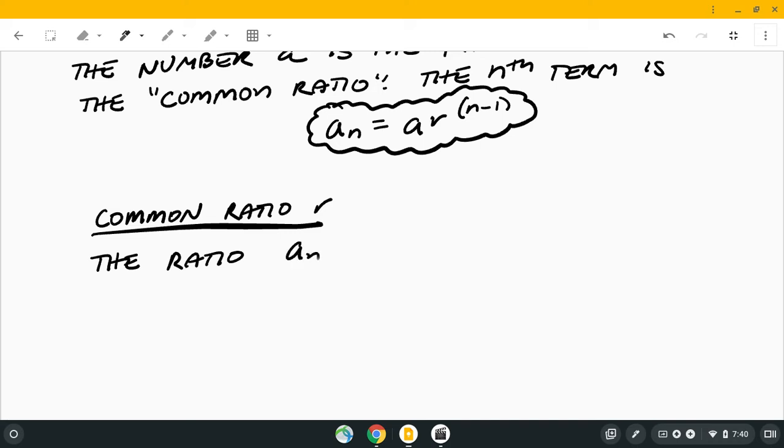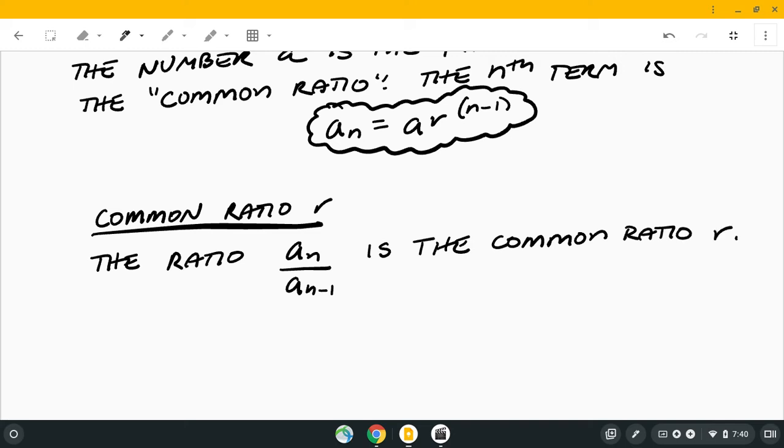So we would take one term and divide it by the term before it. Okay, and this is the common ratio R.